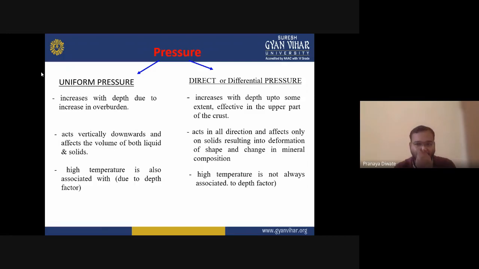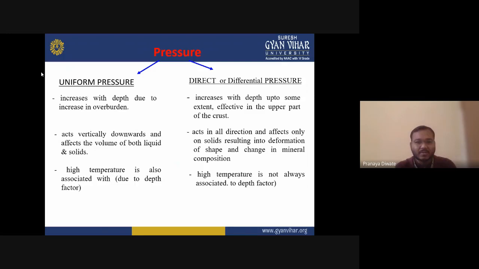Direct pressure acts in all directions and affects only solids, resulting in deformation of shape and change in mineral composition.